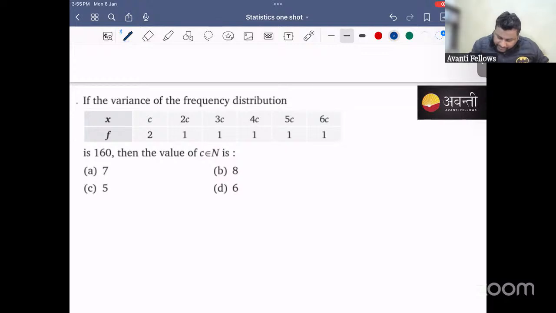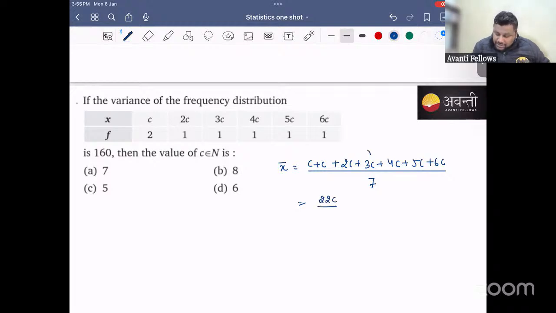First of all, let me find the mean. Mean is C plus C, 2 times, plus 2C plus 3C plus 4C plus 5C plus 6C, whole divided by total frequencies 1, 2, 3, 4, 5, 6, 7. So it is 6 and 5, 11, 4, 15, 3, 18, 19, 20. 22C upon 7.